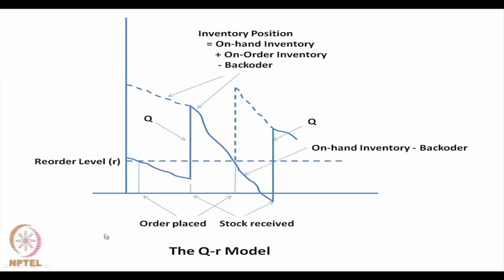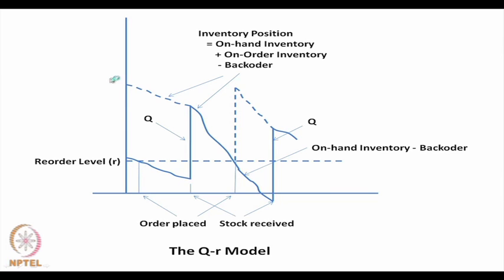So, this we are plotting here. This is the inventory and this is the time axis. This is the reorder level R, calculated the way we have already decided, and this is a QR model.